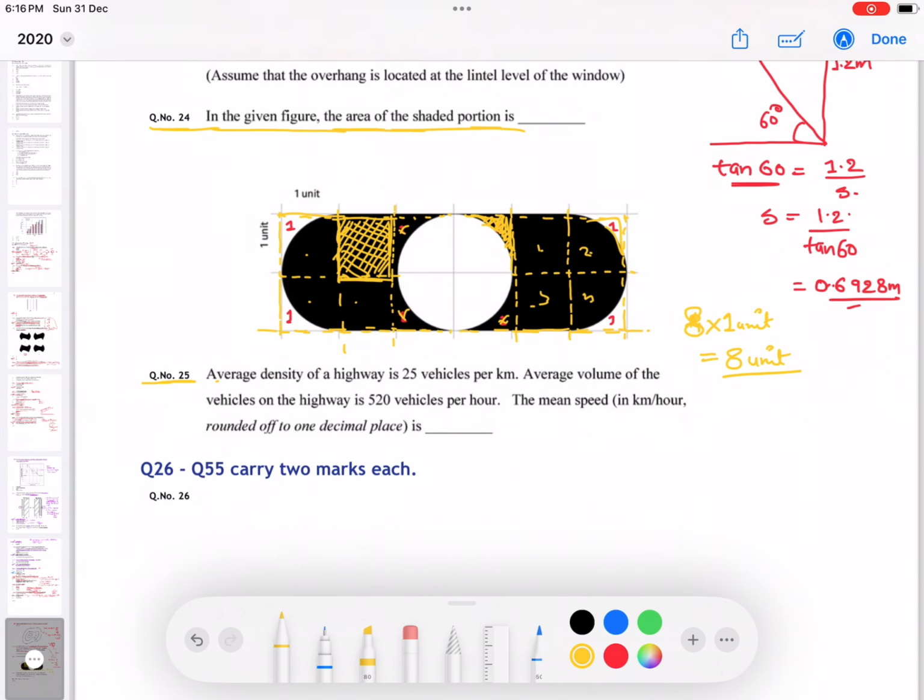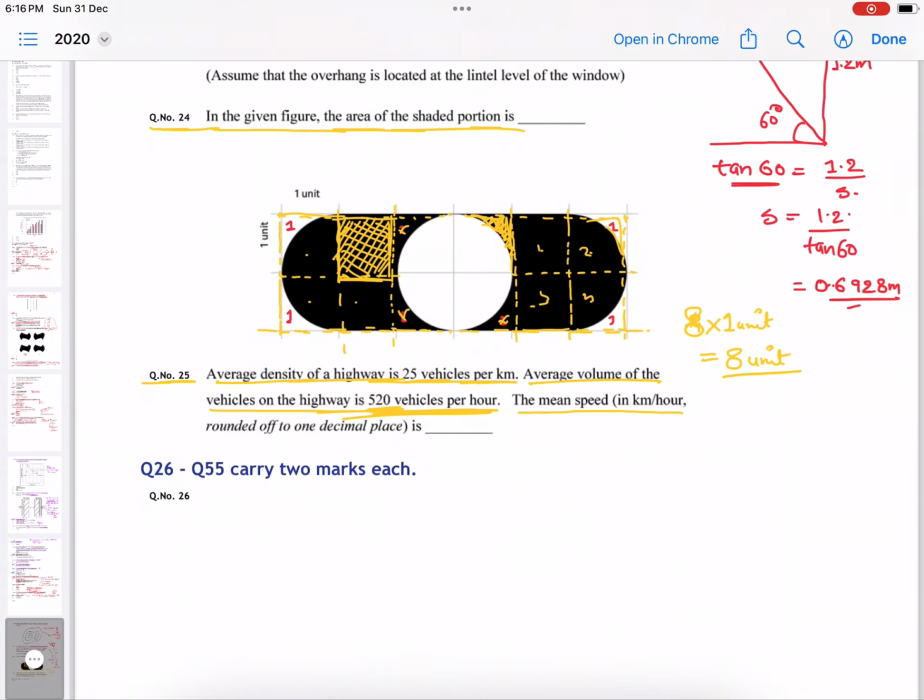Now moving on to question number 25. The average density of a highway is 25 vehicles per kilometer. Average volume of the vehicles on the highway is 520 vehicles per hour. You have to find out the mean speed in kilometers per hour.